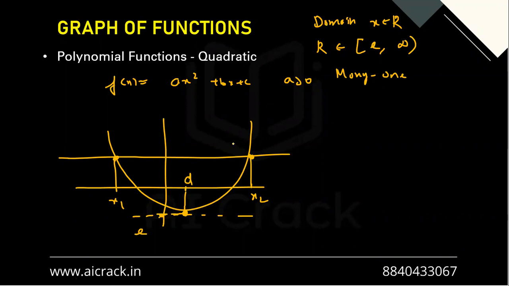Now if it is an odd function or even function, we cannot be sure. If it was a case that f(x) equals just ax square, then we'll say that this is an even function. It's symmetric about the y-axis. But if it's given as ax square plus bx plus c, then we can never be sure whether this is an even function or odd function, right?